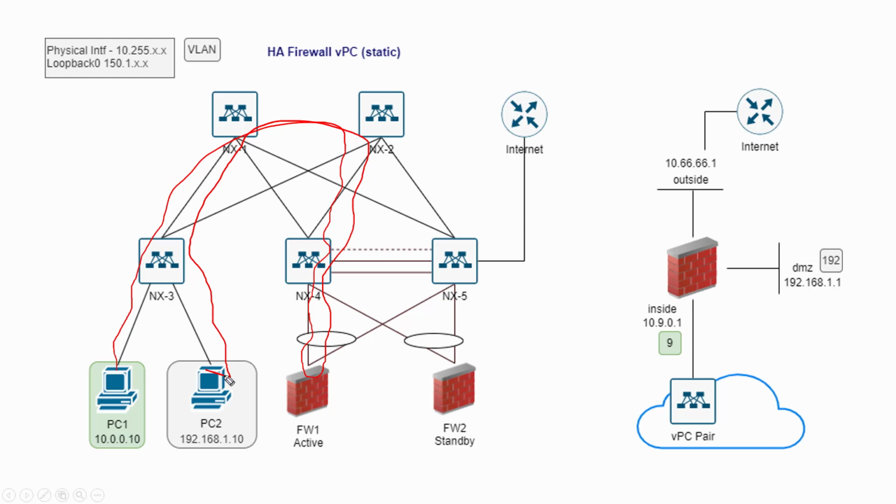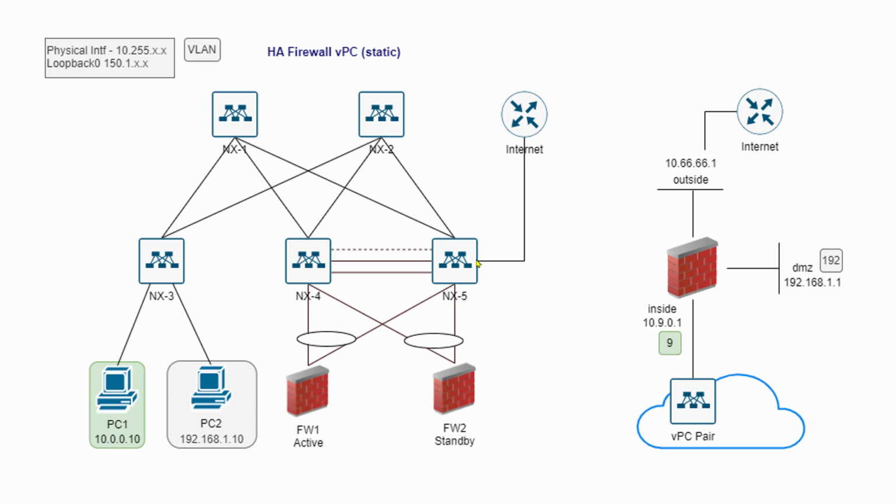My drawing's not good, but you see the idea. They don't talk directly to each other, they have to go through the firewall, even though they're on the same switch, because the default gateway for PC2 is the firewall, and PC1 and PC2 are not on the same network. So let's see how this works.